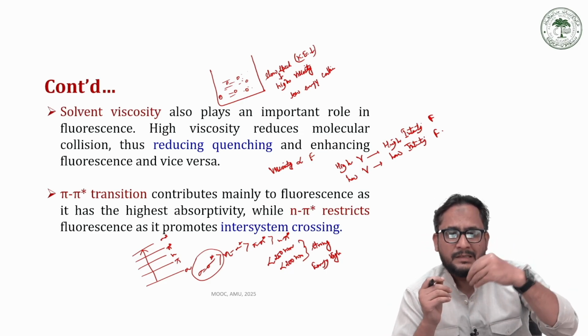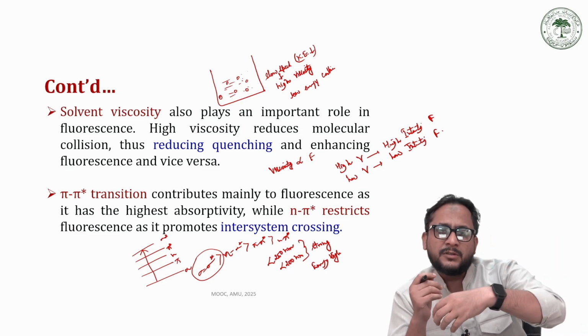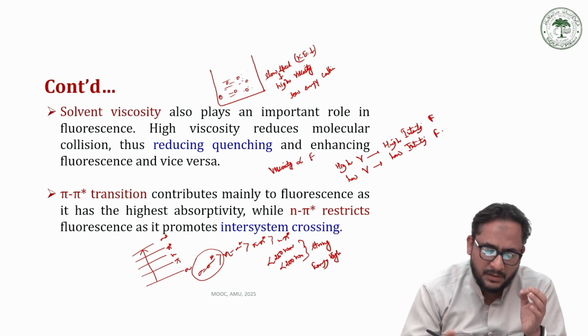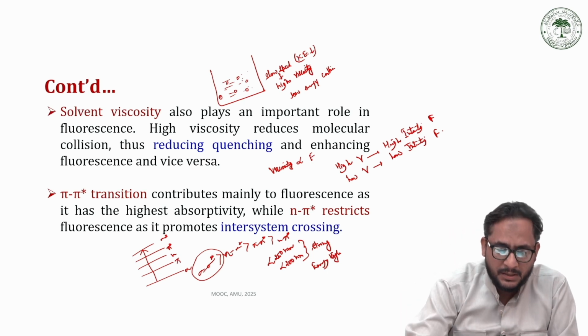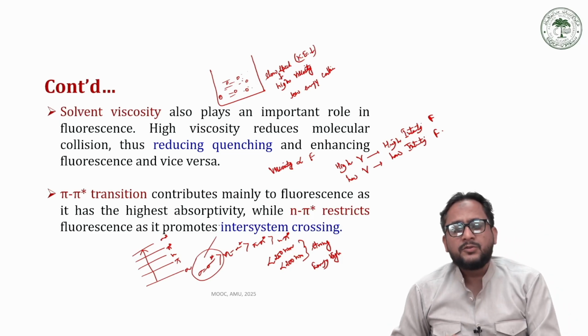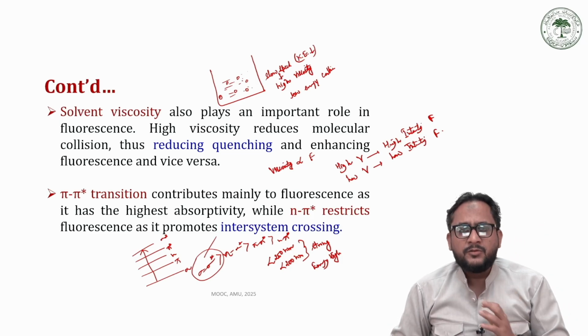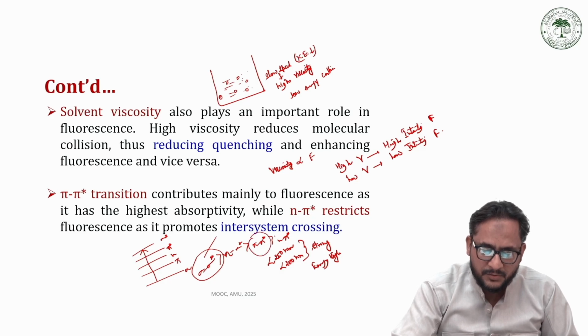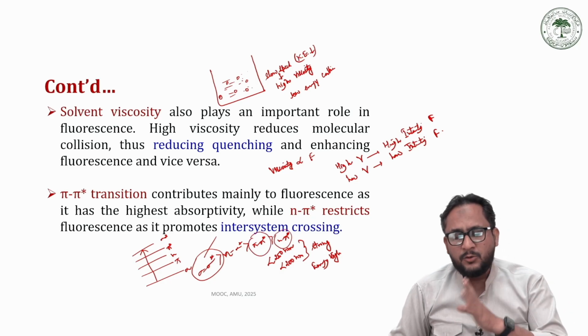So when this light radiation falls on a sample, it causes bond breaking, and therefore fluorescence is not observed. So specifically, the sigma to sigma star transition does not show fluorescence. Even n to sigma star has low fluorescence probability. Fluorescence is mainly observed in the case of pi to pi star and n to pi star transitions.